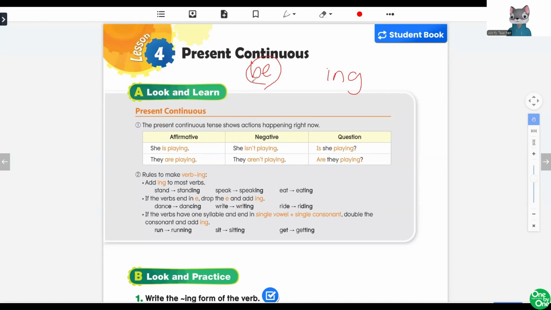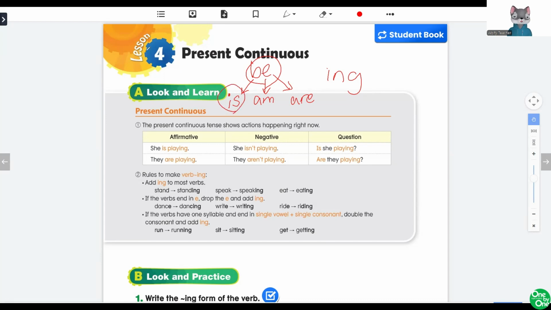We have the 3 types of be verbs. Do you guys remember? Who can tell me the 3 types of be verbs? Yes, we have 3 types of be verbs, which are is, am, and are. Can someone tell me when we use the is, when we use the am, and when we use the are? That's correct.